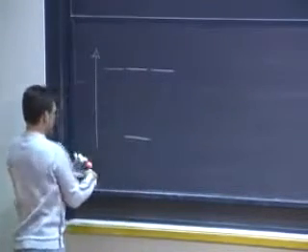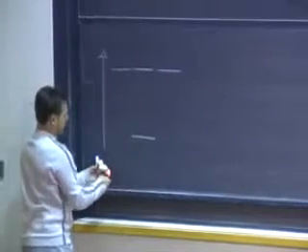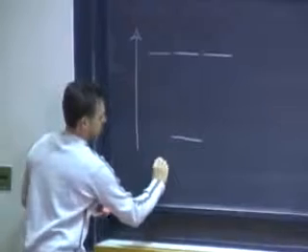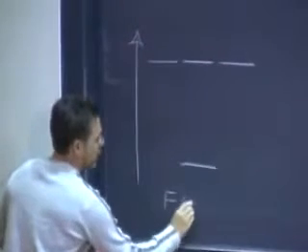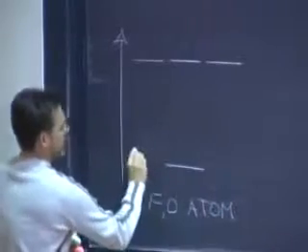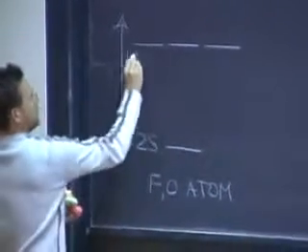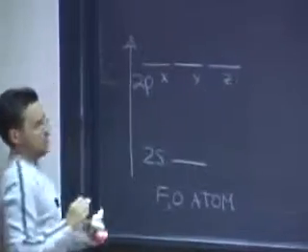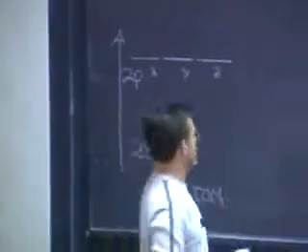Okay, so here on the left, what I'm drawing is, let's say, an F or an O atom. We have the 2s and the 2p x, y, z. That's 4 of the 8 orbitals in our problem.